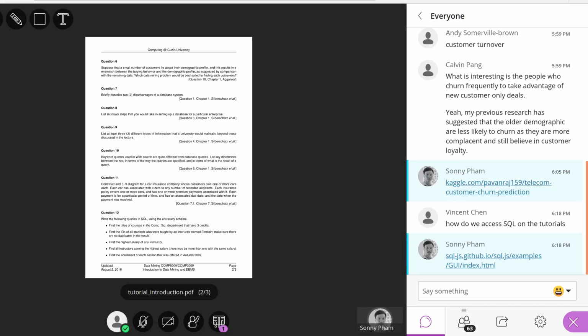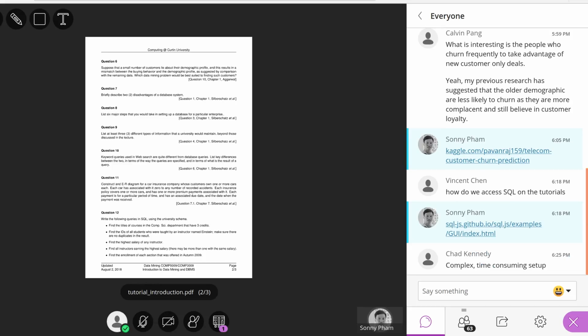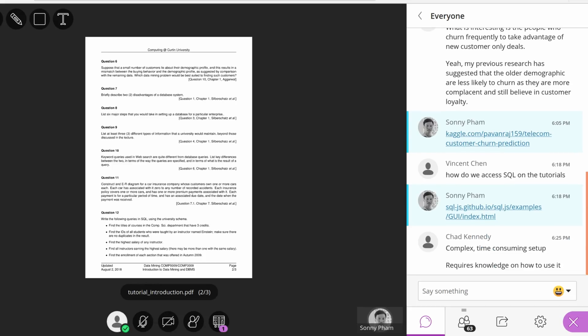But what about its disadvantages? Can you suggest 2 disadvantages that a database system might have? When we talk about disadvantages, we talk in relation to maybe some simpler scheme. For example, instead of having a database, you have an Excel spreadsheet.